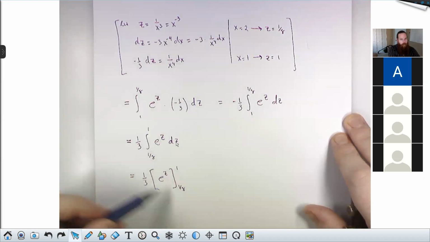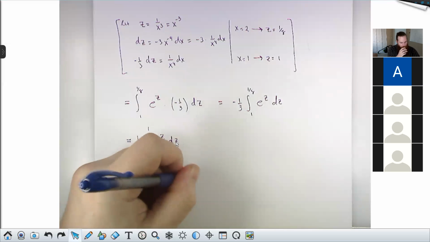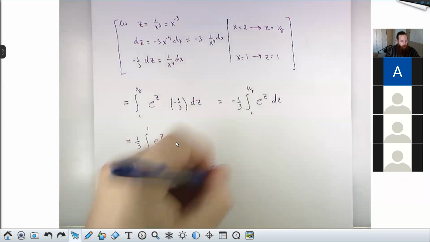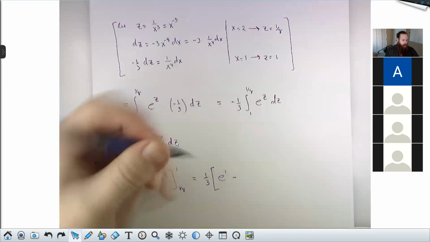We do not go back to our old variable, right? Because it's a definite integral, an integral with bounds, and we changed the bounds. We can save ourselves a lot of time. You just go ahead and evaluate this new function between these new values. When I plug in 1, I just get e to the 1. And then I need to subtract from that what I get when I plug in 1/8.